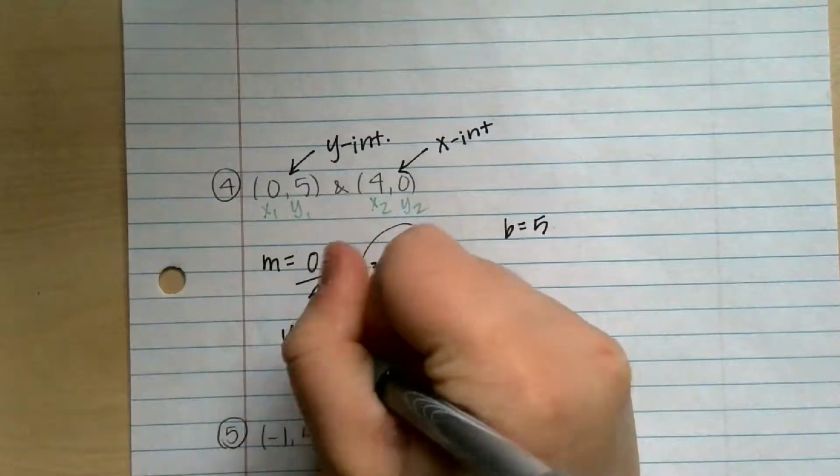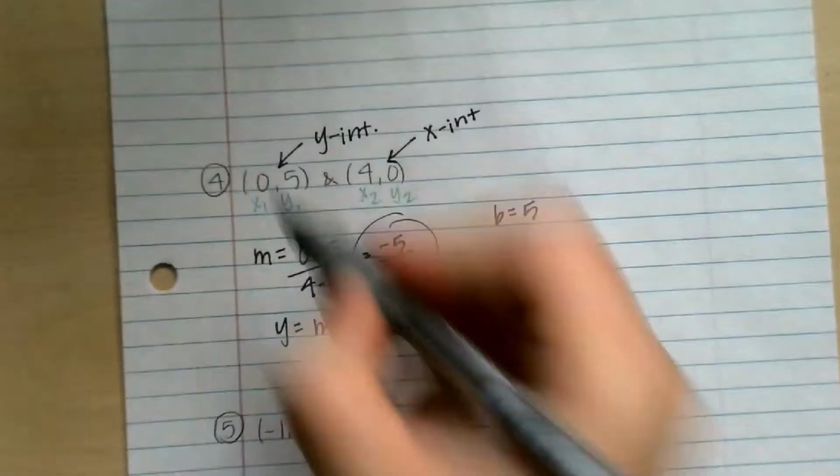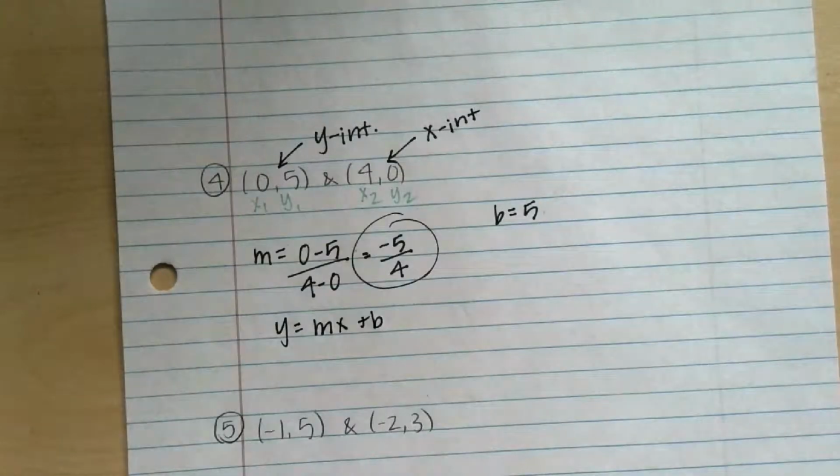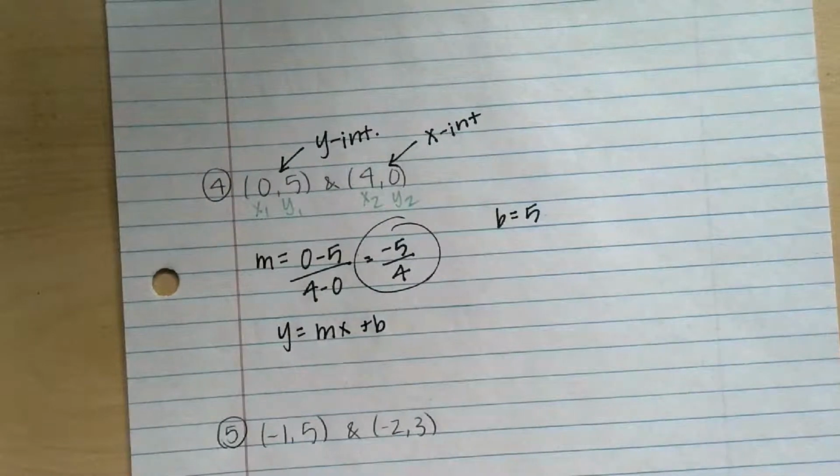We can still go ahead and substitute in. Alright? You can use either pair, honestly, because they have zeros. I think it's nice to use them, but we'll just use our y-intercept to make this a little bit easier.